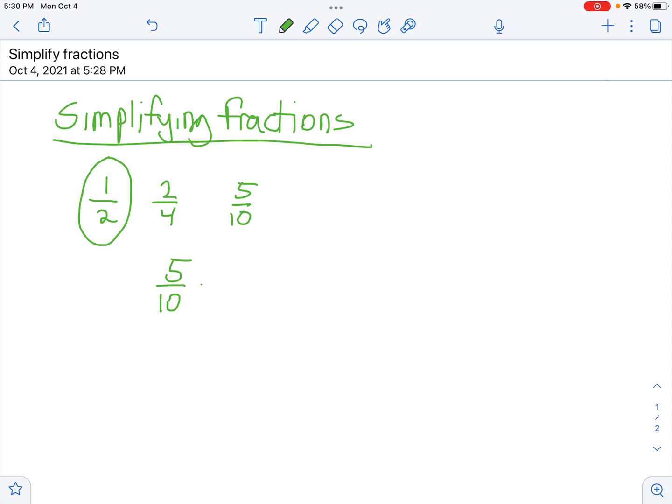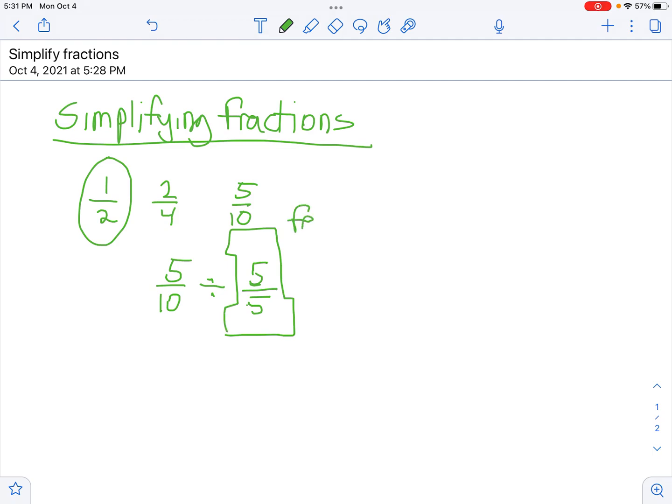So I'm going to divide by 5 on the numerator and 5 on the denominator. Sometimes you'll see this number that I'm dividing by, 5/5, that's just 1. Any number divided by itself is 1. So sometimes this is called a form of 1, or a foo.